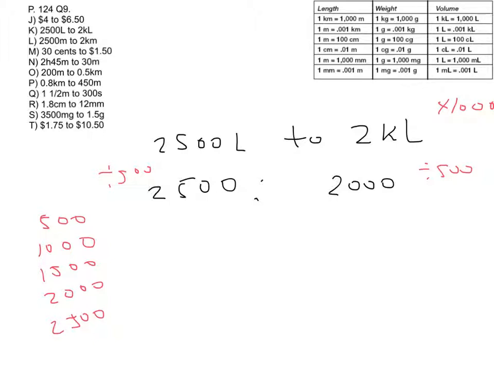So 500 goes into 2,500 how many times? 1, 2, 3, 4, 5. So we can write down the number 5, and 500 goes into 2,000, or 2,000 divided by 500 is 4. So that should be your final answer.